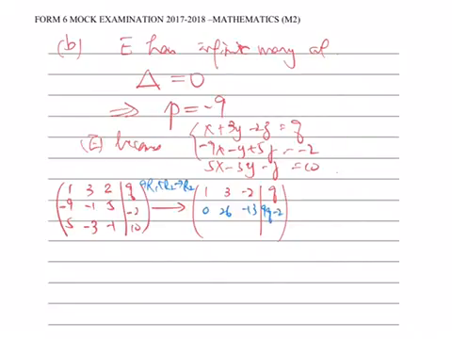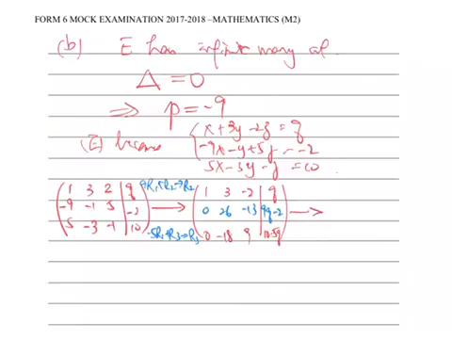Similarly, we multiply minus 5 of row 1 plus row 3, put onto row 3, so the answer becomes 0, minus 18, 9 and 10 minus 5q.